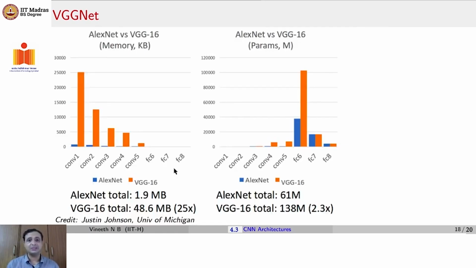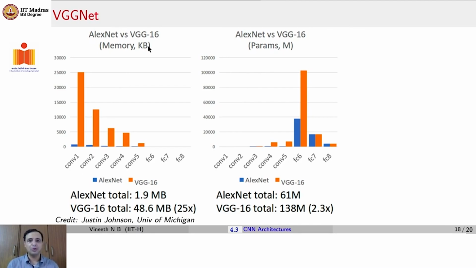In terms of parameters, VGG, however, had a significant memory overhead and a parameter overhead. So you can see here a comparison of AlexNet versus VGG 16 in terms of memory. Memory would simply be the number of neurons across all of your layers in the VGG versus the number of neurons across all of the layers in your AlexNet.